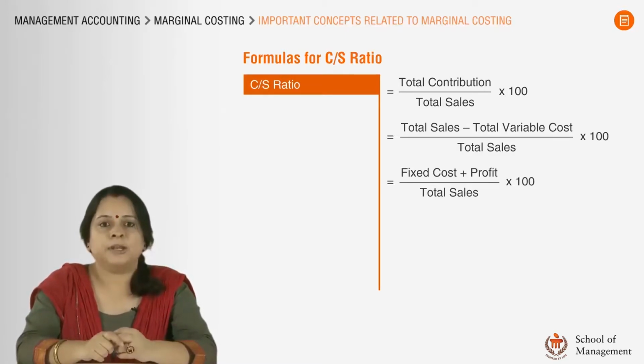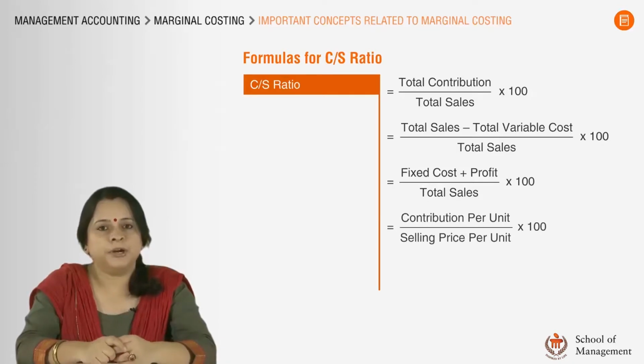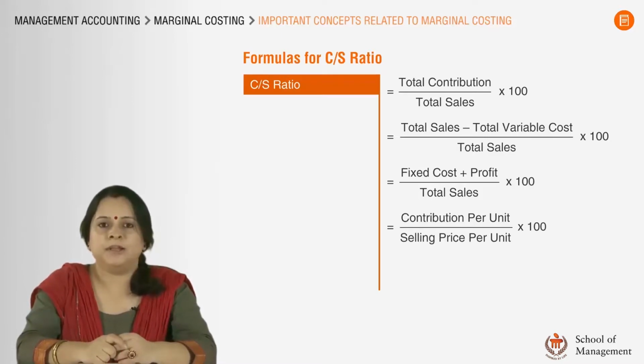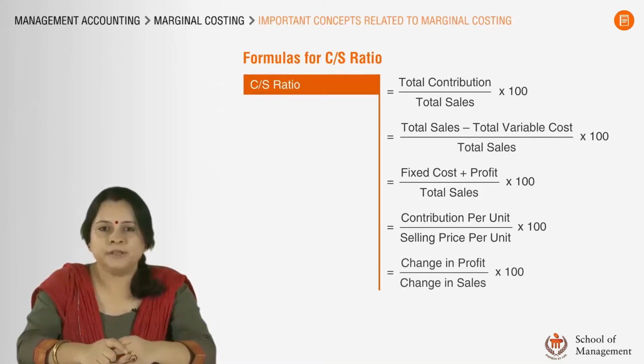So, fixed cost plus profit divided by sales into 100 is another formula to calculate CS ratio. We can also calculate CS ratio by using per unit data. So, contribution per unit divided by selling price per unit into 100 is the fourth formula. Last formula is change in profits by change in sales into 100.